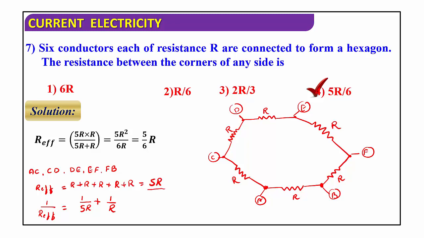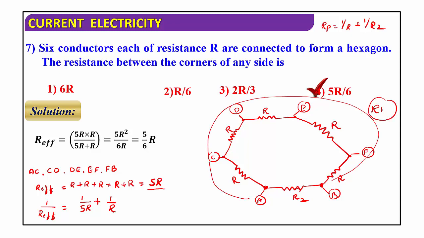So we have the parallel combination formula 1 by Rp equals 1 by R1 plus 1 by R2. From A to B, this is R1 and this is R2. R1 value how much we got? 5R. R2 value is how much? R. So I substitute here.